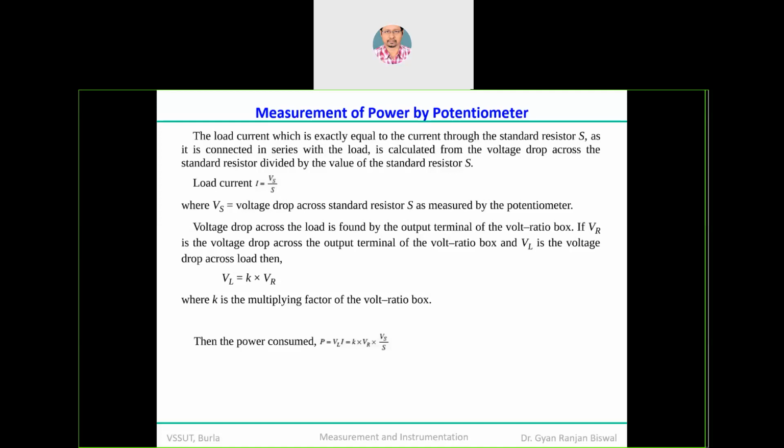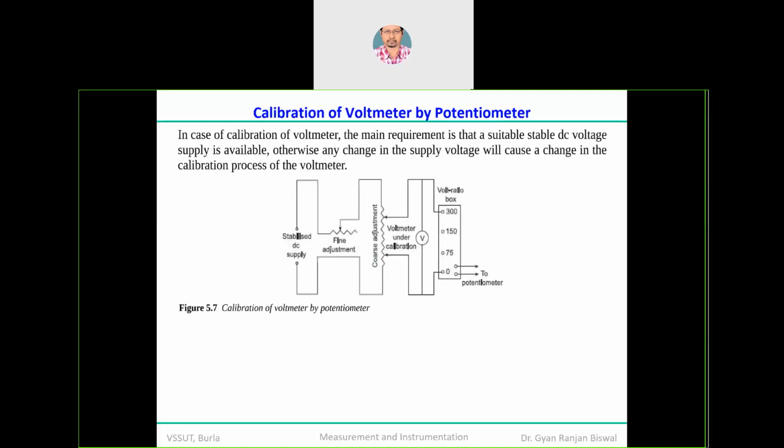From there we can calculate VL, and I is calculated from VS by S, where S is the standard resistor and VS is the voltage across the standard cell. Clear? That's how you calculate the power consumed using the potentiometer.